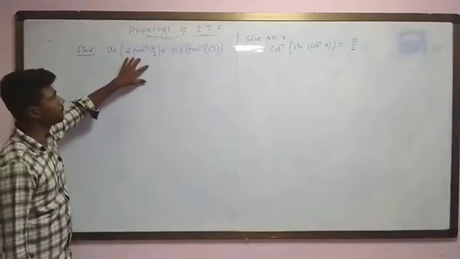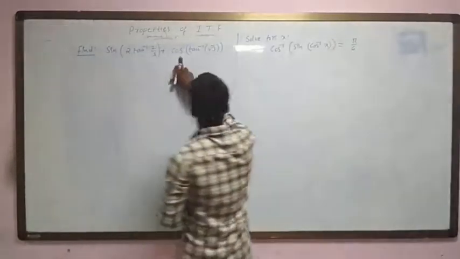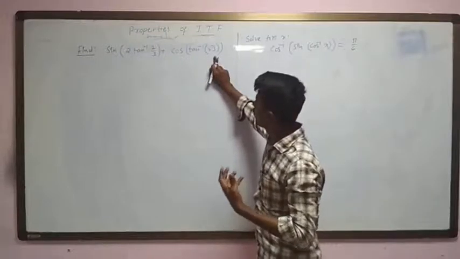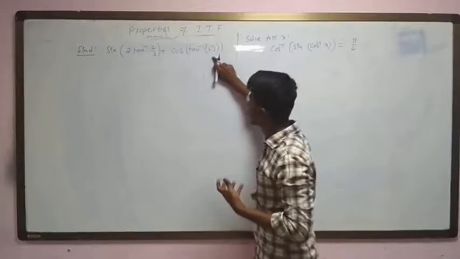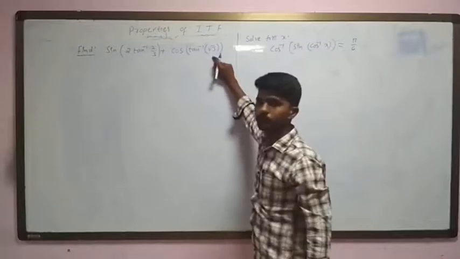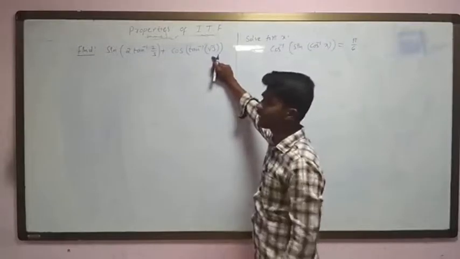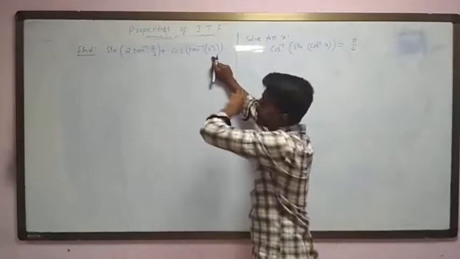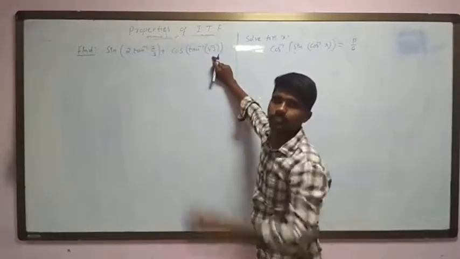Then it can be simplified. Next, cos of tan inverse x. If I am able to convert this tan inverse x in terms of cos, then it can be simplified.